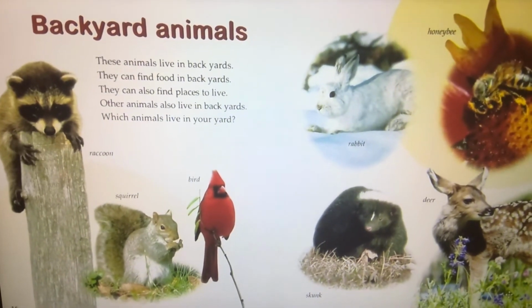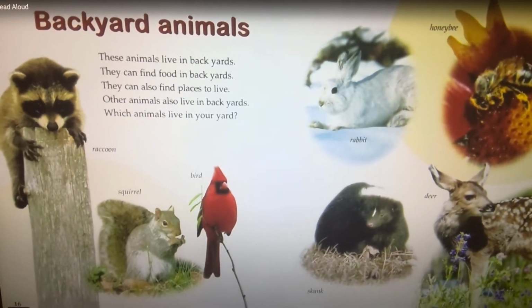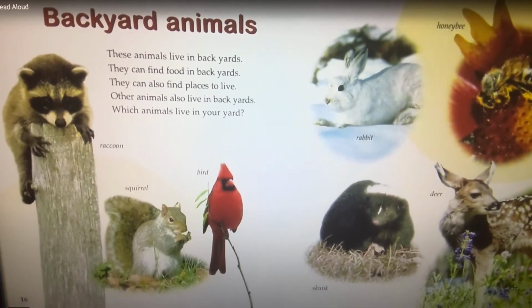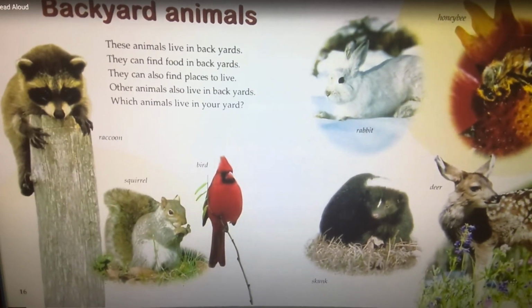Backyard animals. These animals live in backyards. They can find food in backyards. They can also find places to live. Other animals also live in. So let's think about it. We know where we live. We see honeybees and we see birds and we see squirrels and an occasional raccoon.